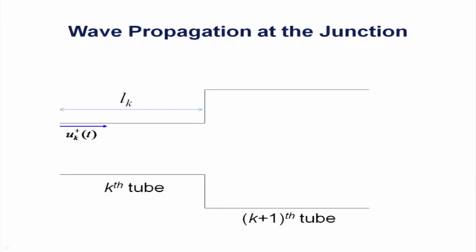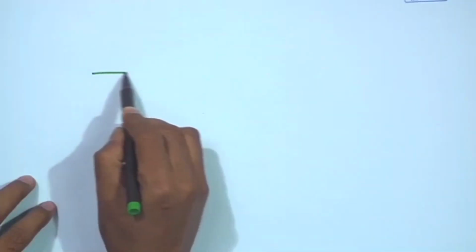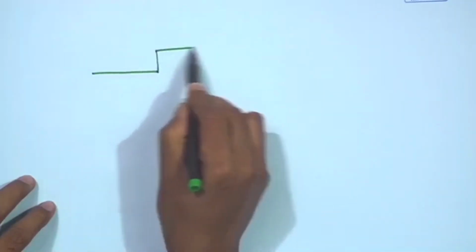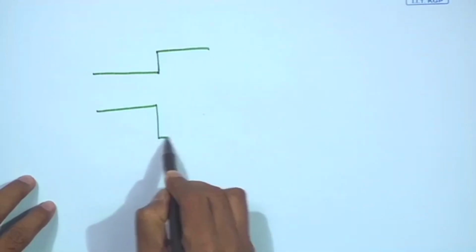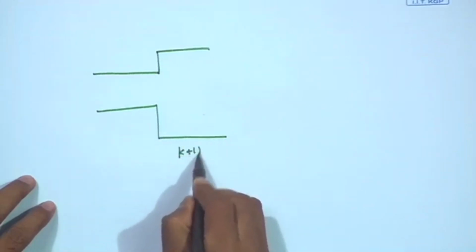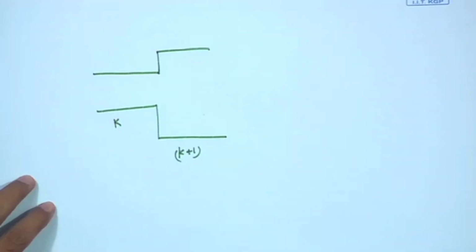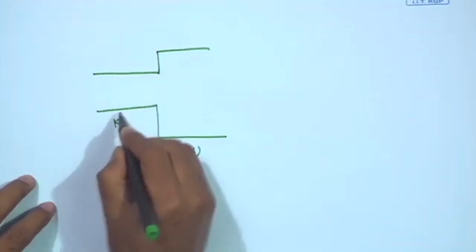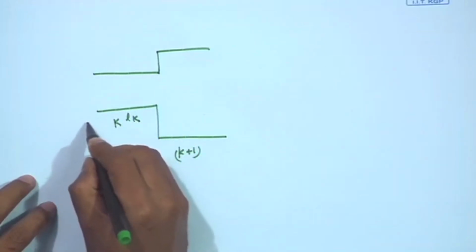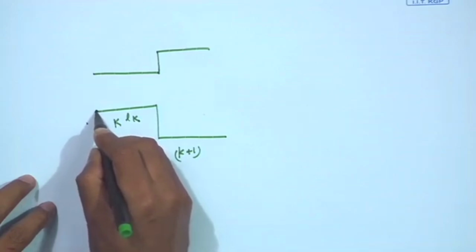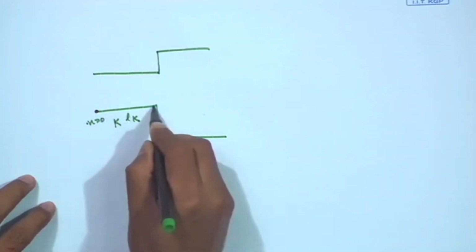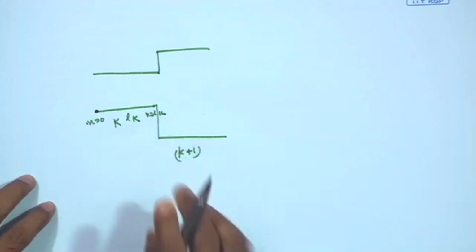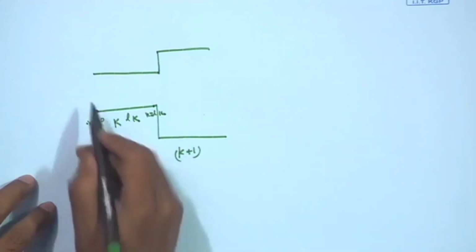So, instead of a single tube, let us consider different tubes connected with each other with different cross sectional areas. Let the kth junction be taken. So, this is the kth junction of the tube. This is the k plus 1 tube and this is the kth tube, this is the junction. If the length is Lk, and this is the beginning of the kth tube, x equal to 0, and here it is x equal to Lk. Here will be another junction.